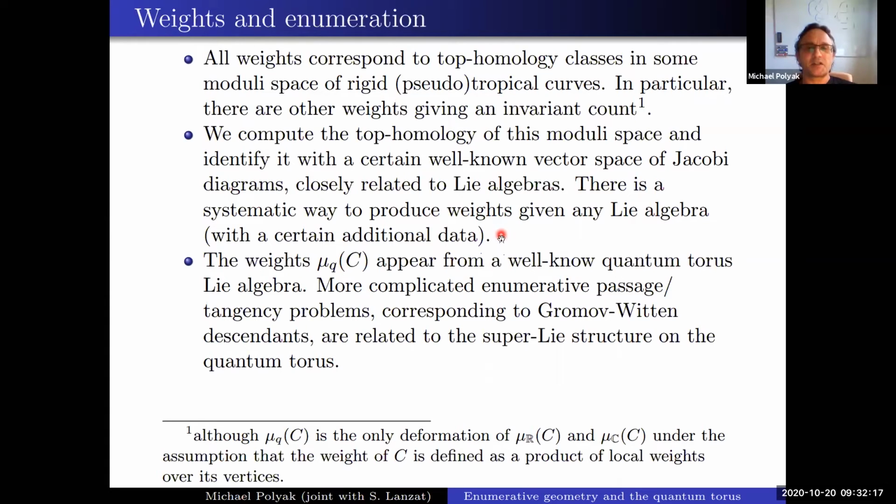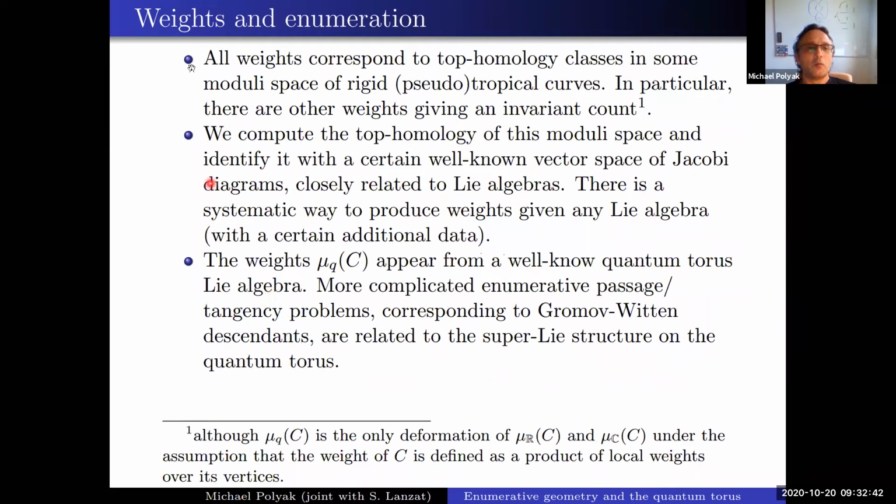So the nicest feature here is that the weights which we know, and these are the one parameter weights which correspond to counting both real and complex curves, do appear from a Lie algebra, which is very well known, and it's just the quantum torus Lie algebra.